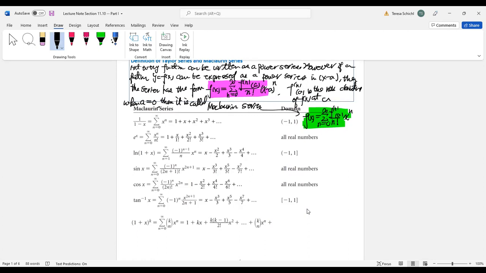So the Taylor series is expanded about any real number a, but the Maclaurin series is when a equals 0. It's very powerful. Not every function can be written as a power series, but if you can, you can always try writing it this way.